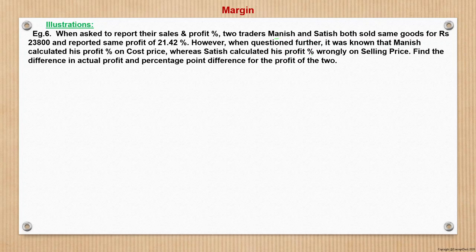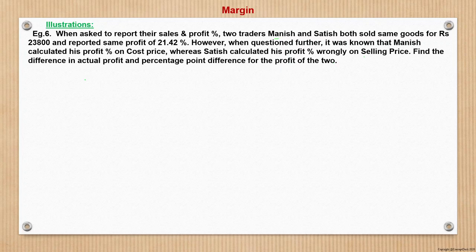However, when questioned further, it was known that Manish calculated his profit percent on cost price, whereas Satish calculated his profit percentage wrongly on selling price. Why wrongly? Because profit percentage is always on cost price, right? However, when asked, he reported a profit percentage by calculating it on selling price and saying that it's also 21.42. Find the difference in actual profit and percentage point difference for the profit of the two.